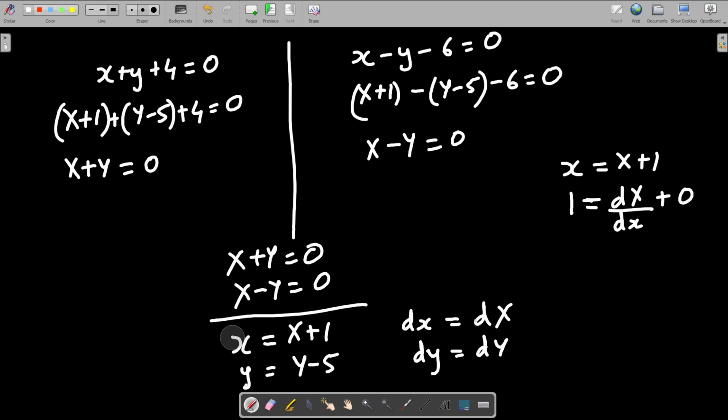Okay? Same thing you do for the other one. Okay, so small y is capital Y minus 5. So this you can write as 1 is dY by dy minus 0. Okay, so it will become this if you take the term on the other side. Okay, so what will be the given differential equation?